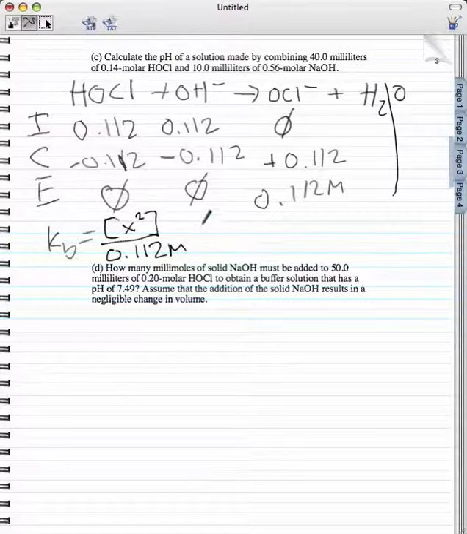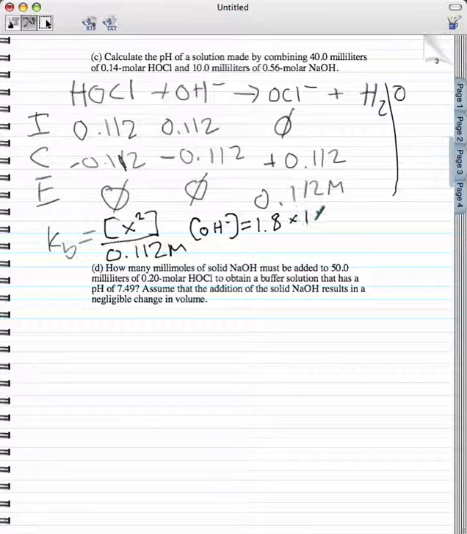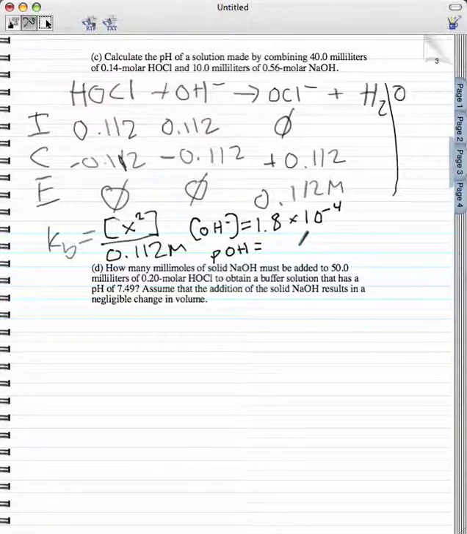Okay, and so if we solve for X, which is also equal to OH minus, our OH minus concentration comes out to 1.8 times 10 to the negative fourth, and if we take the negative log of that, we can get our pOH. pOH then is 3.73.